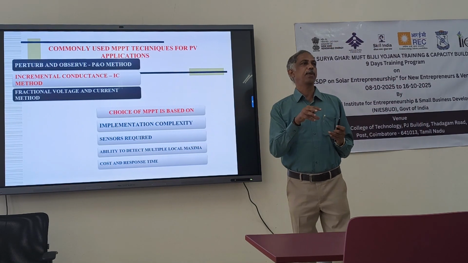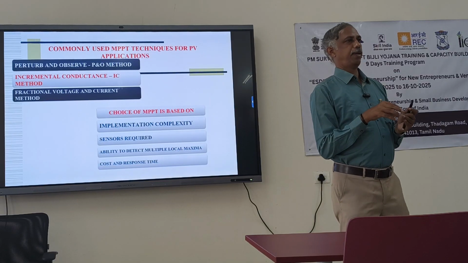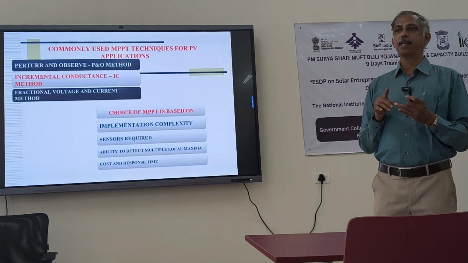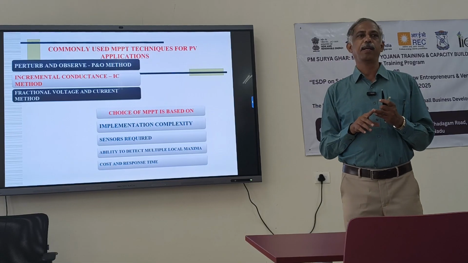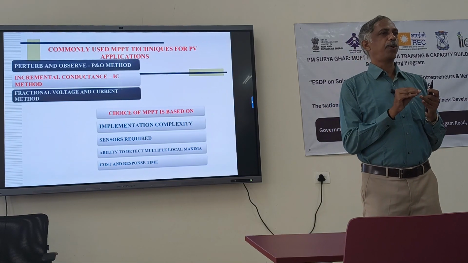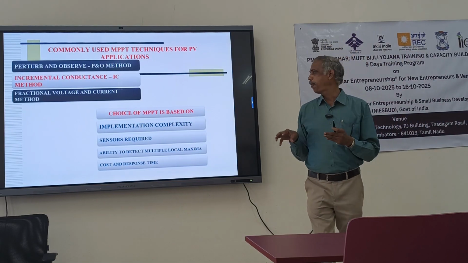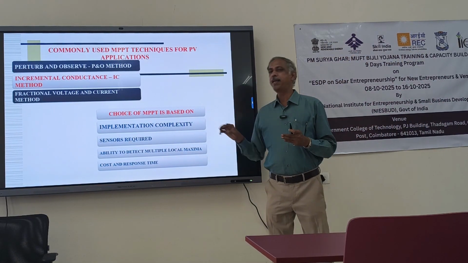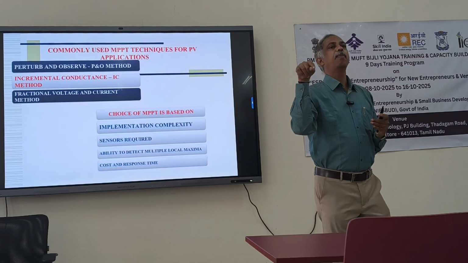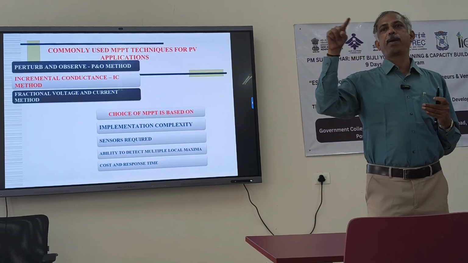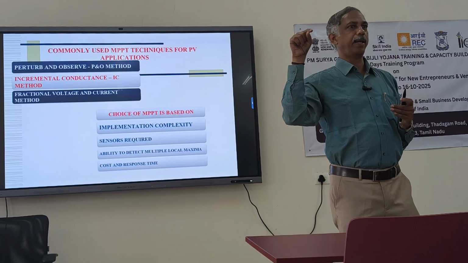Compare the perturb and observe algorithm with the incremental conductance algorithm on the sensors needed, the implementation complexity, and the ability to detect the global maximum point. There may be n number of maximum points in the solar PV system.